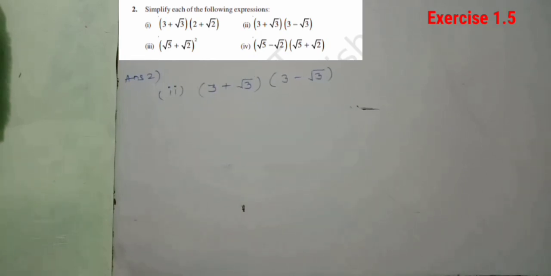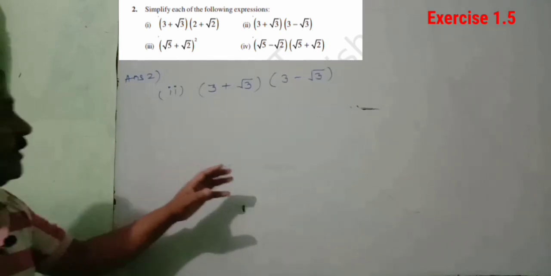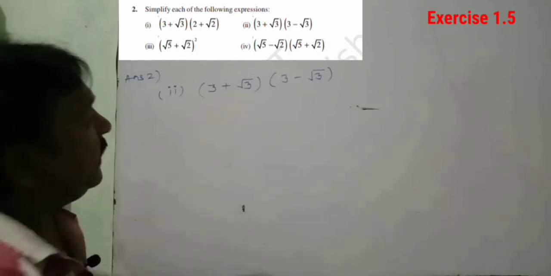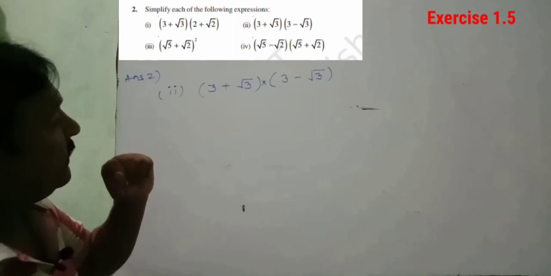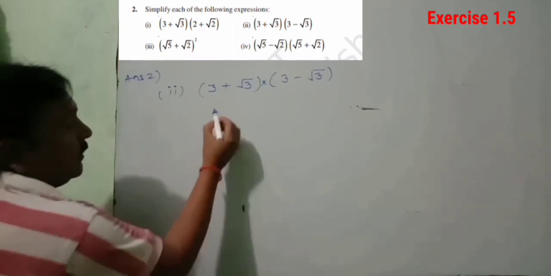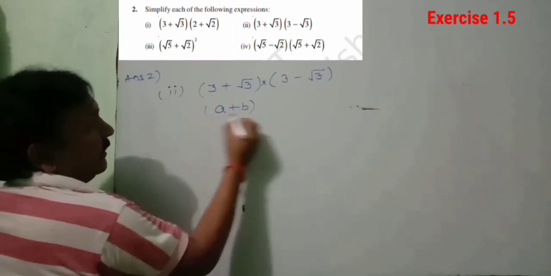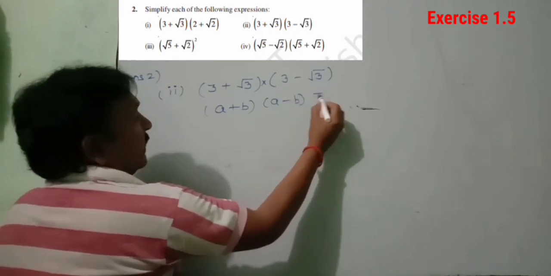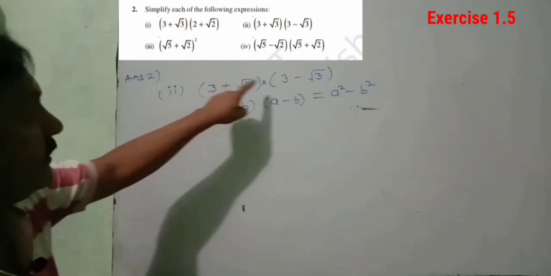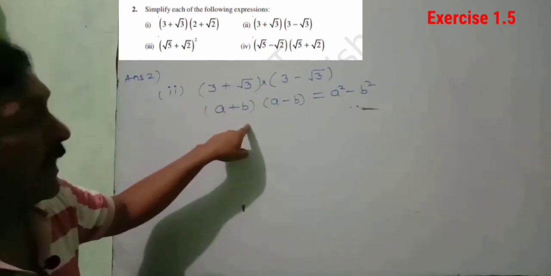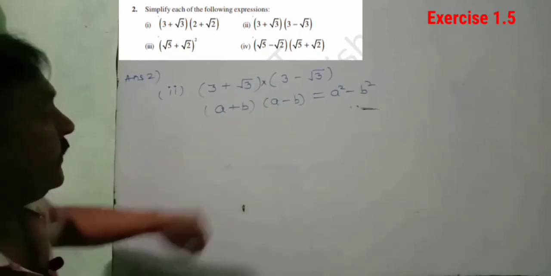Okay student, now see part second. We have to simplify it. 3 plus root 3 gets multiplied with 3 minus root 3. Just see it and recall: a plus b times a minus b gives a square minus b square. It means in solving this we can take the help of the identity.